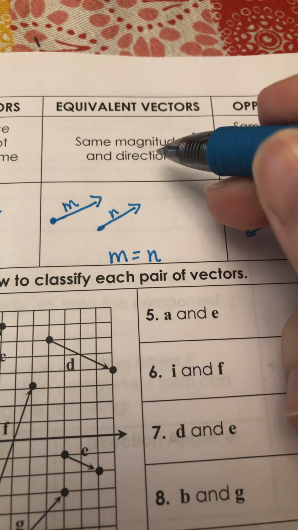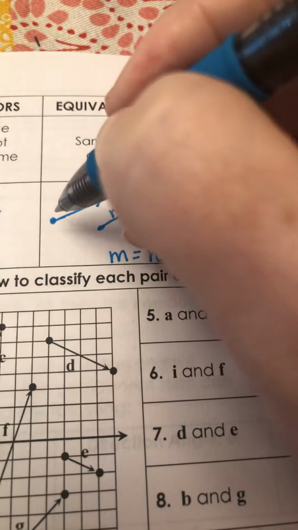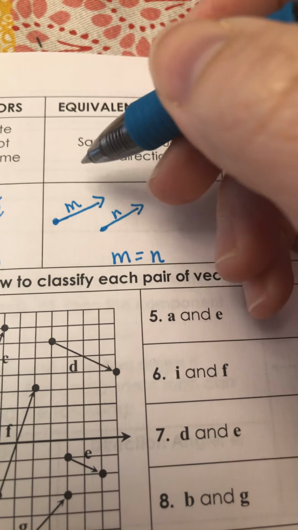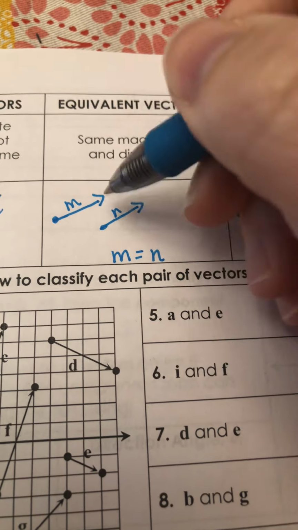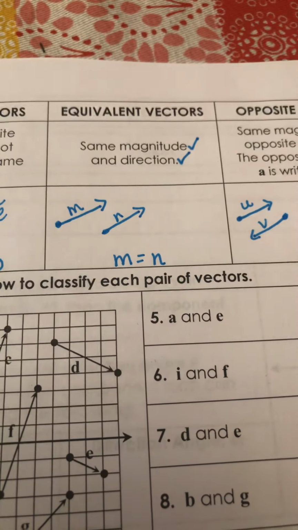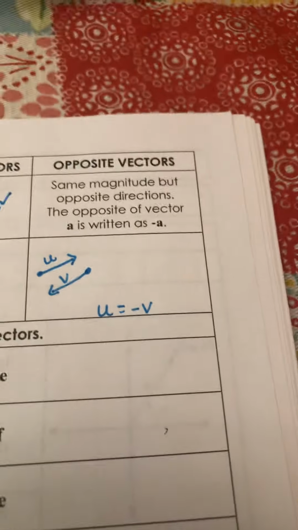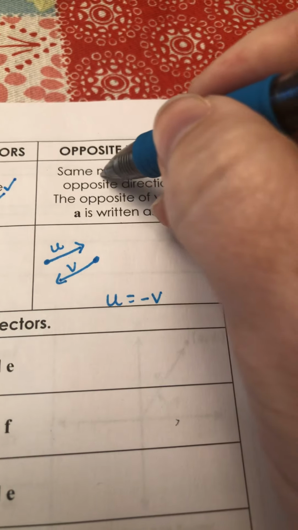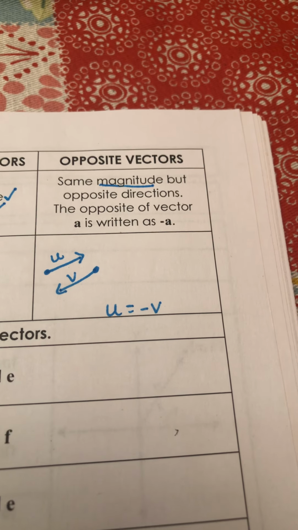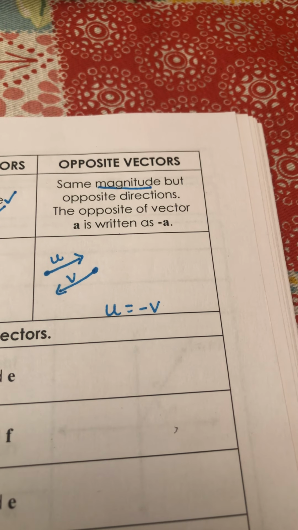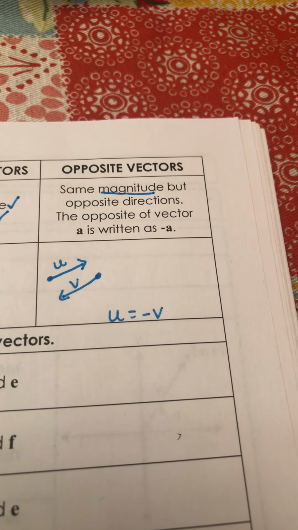How do I know if they have the same magnitude? Then you need to use your formula and plug it into the distance formula for magnitude and make sure you get the exact same thing. Now, with opposite vectors, they have to have the same magnitude. Remember, use your distance formula to find magnitude. But they will have opposite directions.